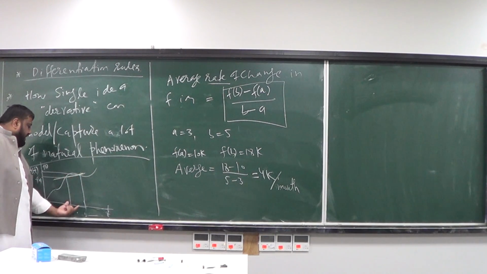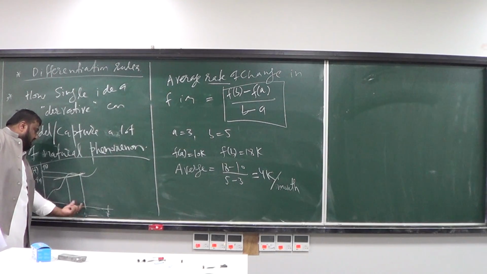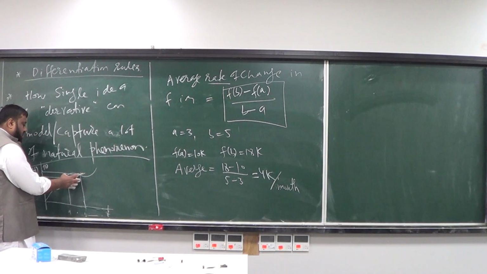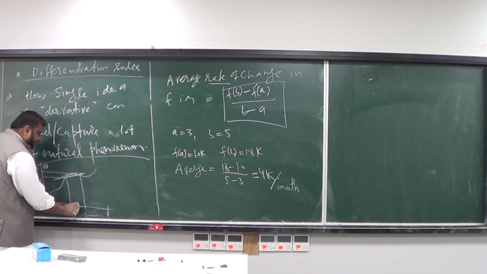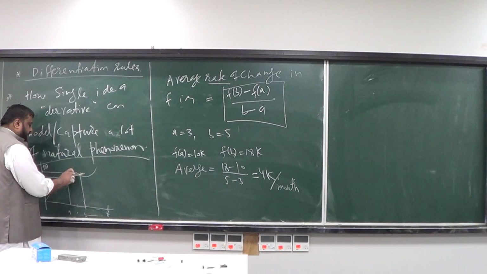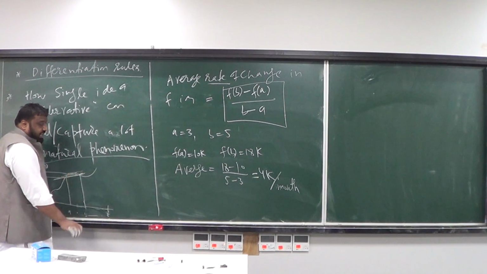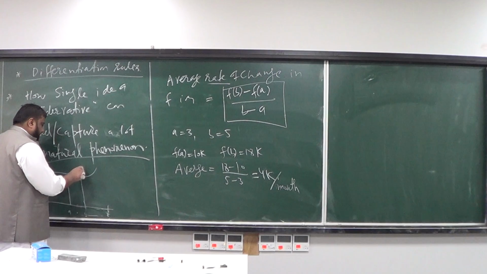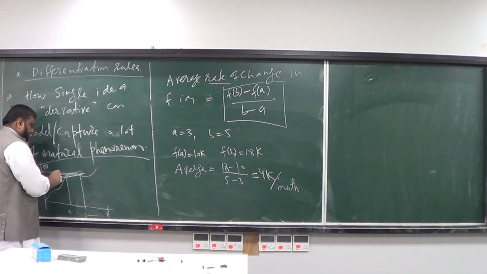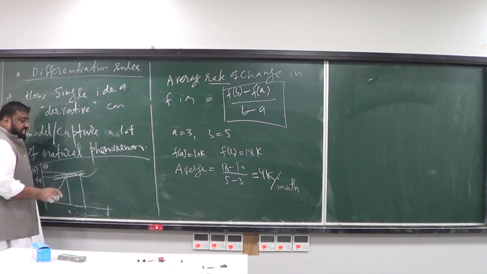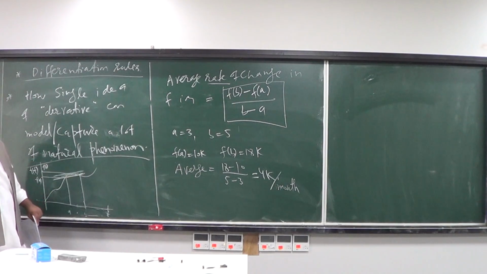If these points are coming closer, their outputs will also come closer, and the line will gradually become like this and like this, and eventually when they are really near to each other, the line will almost become like a tangent line. I'm not going to get into the details of it because we have discussed it already.